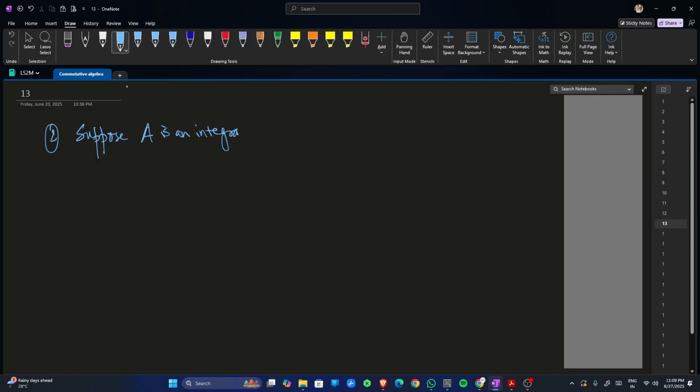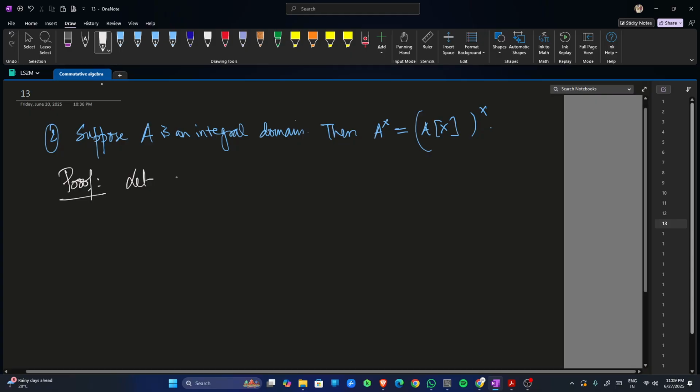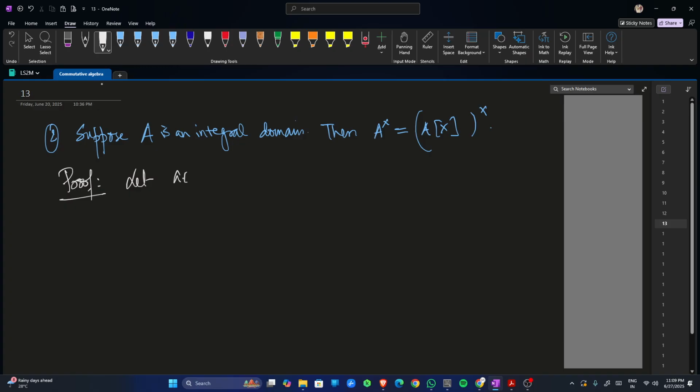Let A be an integral domain. Then A cross is same as A[x] cross. What is A cross? A cross means set of all units. Let a belong to A cross.